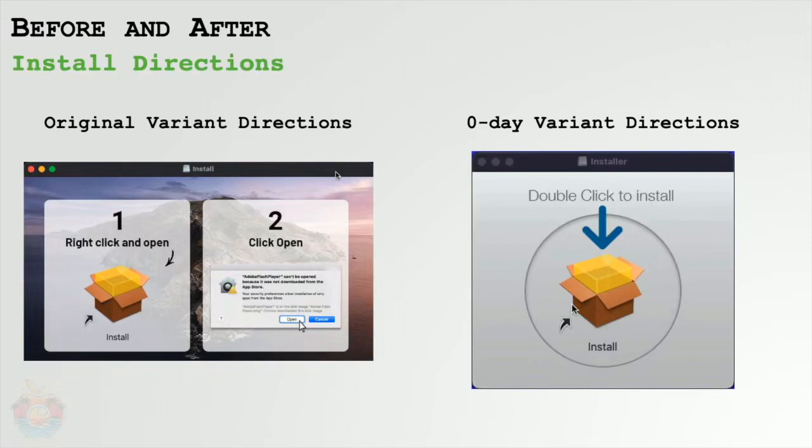The new 0-day variant, the picture on the right that you're looking at, is just double-click to install. You double-click it, nothing happens, the icon blinks, and then it's game over. The user closes it, thinks nothing of it, and that's that.